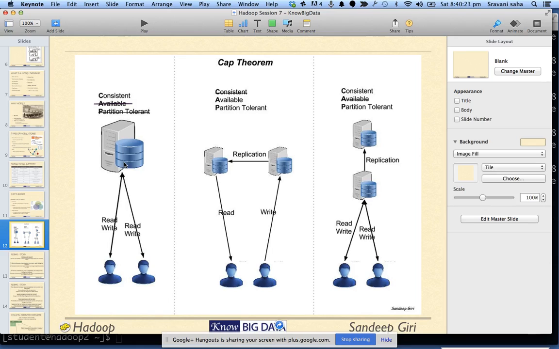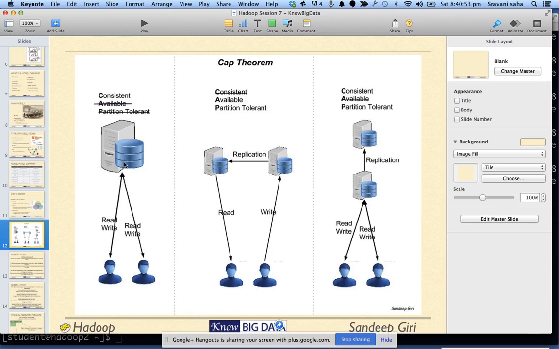Now there is a third kind of architecture we can think of, where readers and writers are reading from the same machine and writing to the same machine, just that we have a backup. So here it is consistent, similar to the first diagram, but it is not available, though it is partition tolerant, because anything we are writing has a backup copy.